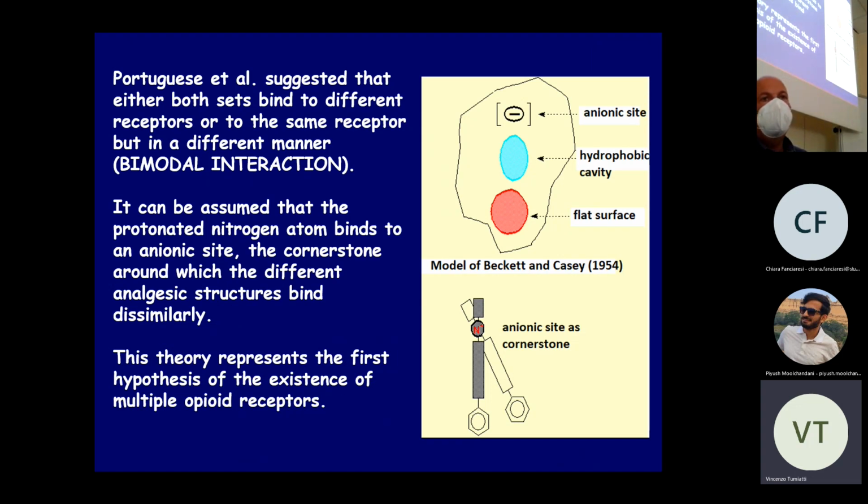receptor theory. The anionic site, it is important. We have already seen the protonated form of nitrogen atom, ionic bond.